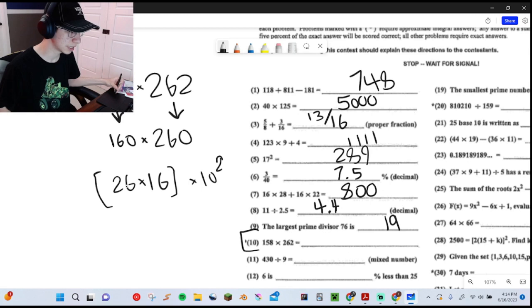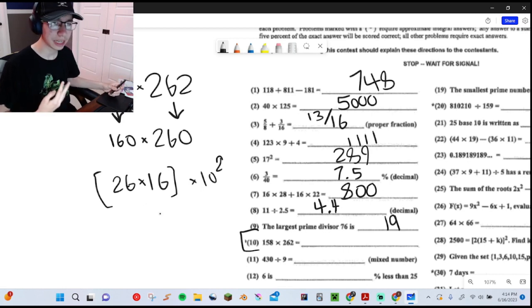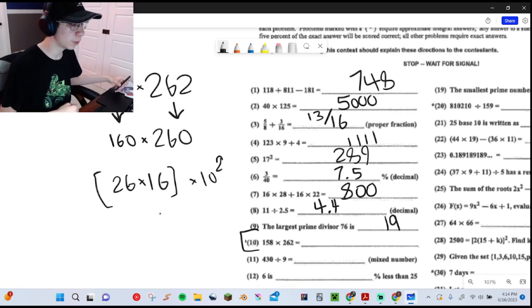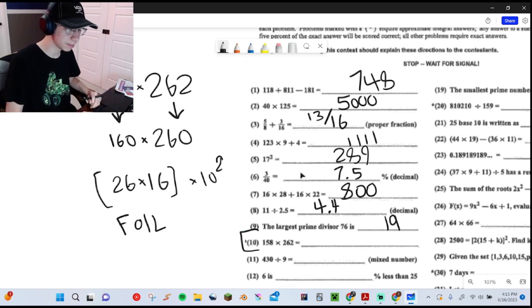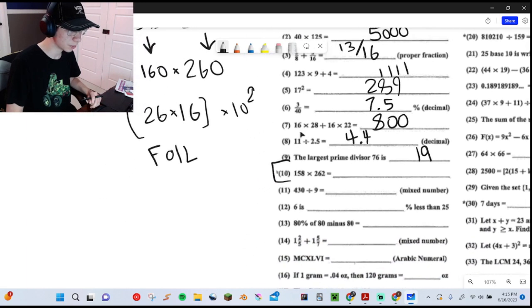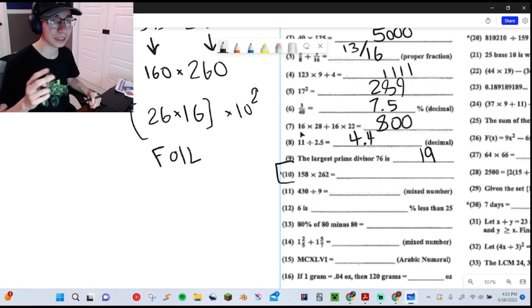So 26 times 16. How can I multiply these two numbers? Well, here is one of the most important number sense tricks to learn. It's what we call foiling. Now you may have learned about FOIL in Algebra 1: first, outer, inner, last.